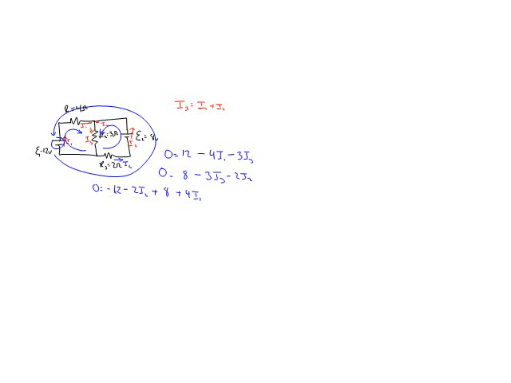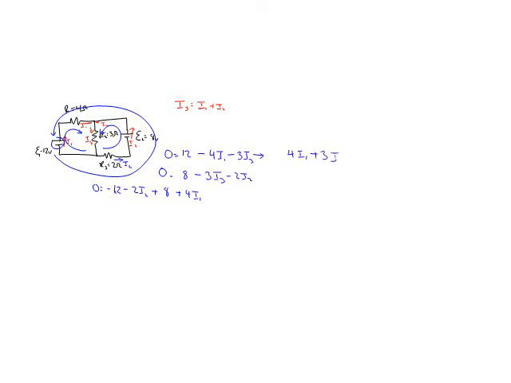Okay, the best way to do this is to find the common term. You have I3 in each one of these. So I would solve this equation for I1 and this one for I2, and then plug it into the top equation. So I'm just going to look at this one real quick. And this one is 4I1 plus 3I3.